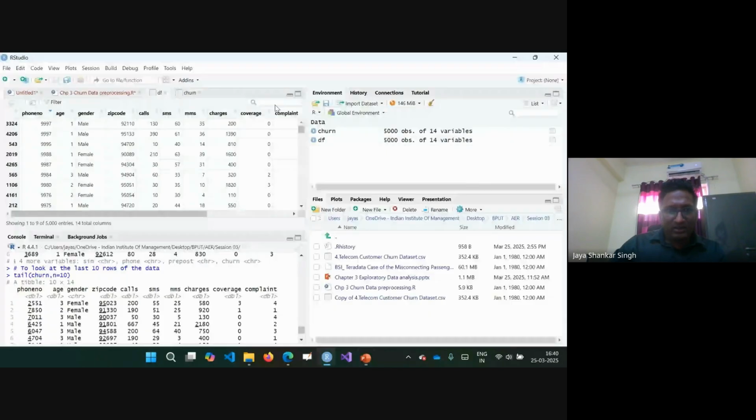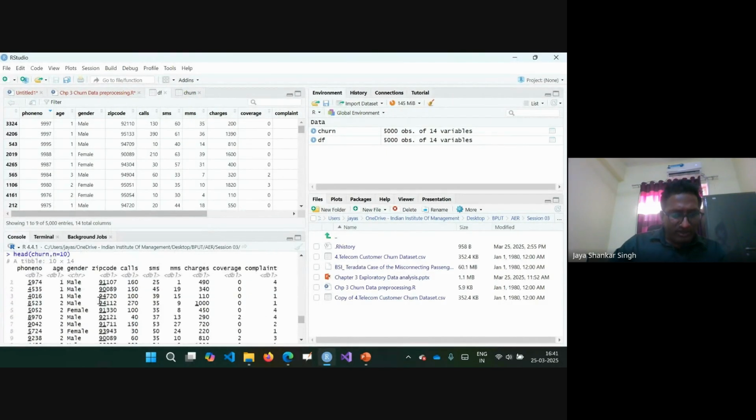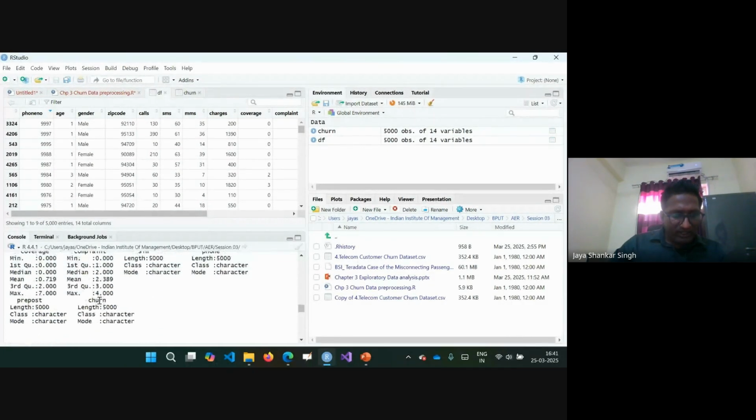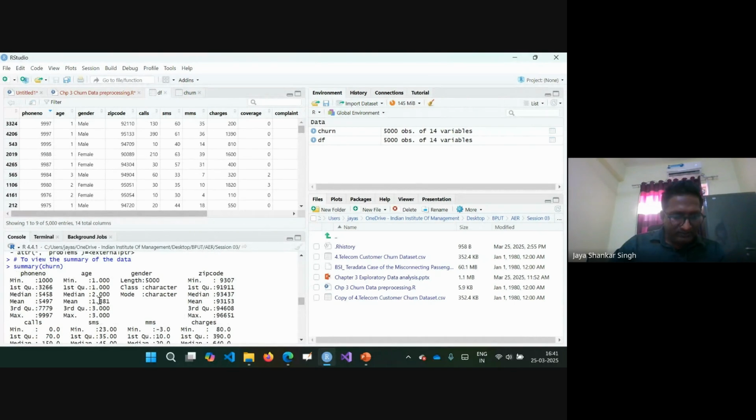Now, if you look at the summary of this particular age, what have they done? Minimum is 1, first quartile is 1, median is 2, mean is 1.881, third quartile is 3. Is this meaningful? If yes, why? If not, why? This is not meaningful. Okay, fine.